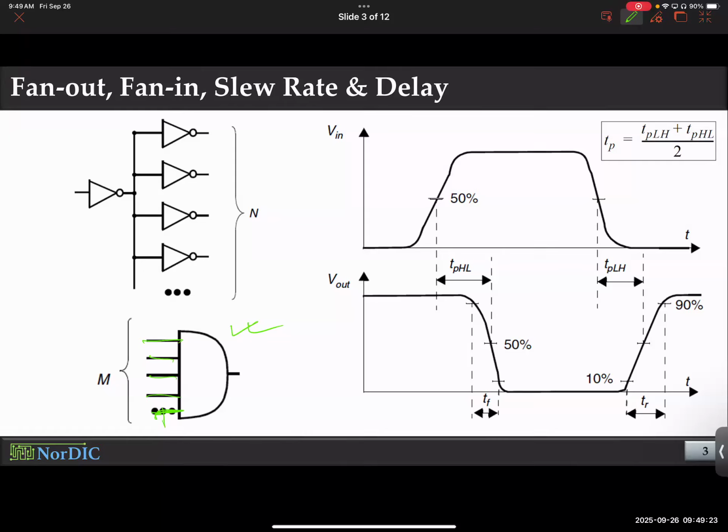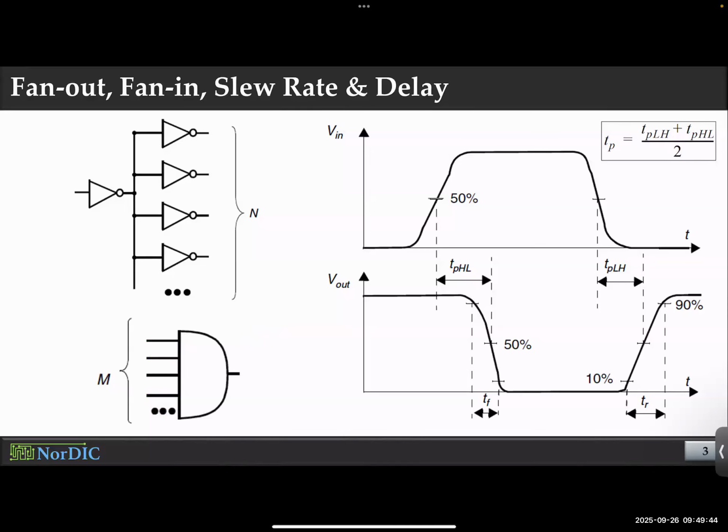It may not be as obvious as with a NAND gate, which is a standard gate. But you must have seen circuits where multiple outputs feed into one OR gate or something like that. What is the fan in of that OR gate? You can count the number of lines that are coming in to the input, and that's how you count the fan in. How about fan out? You didn't see this too much.